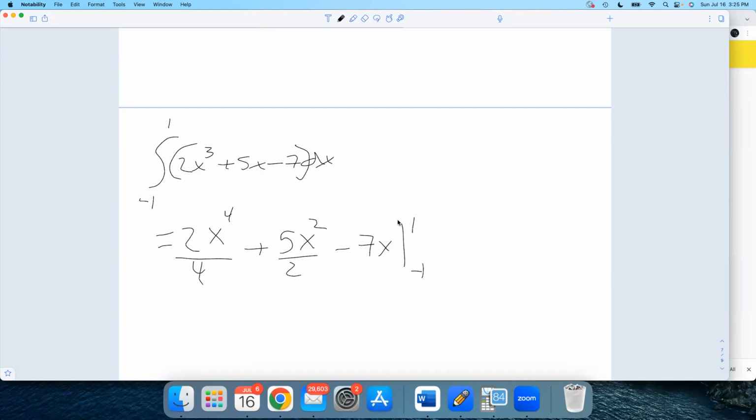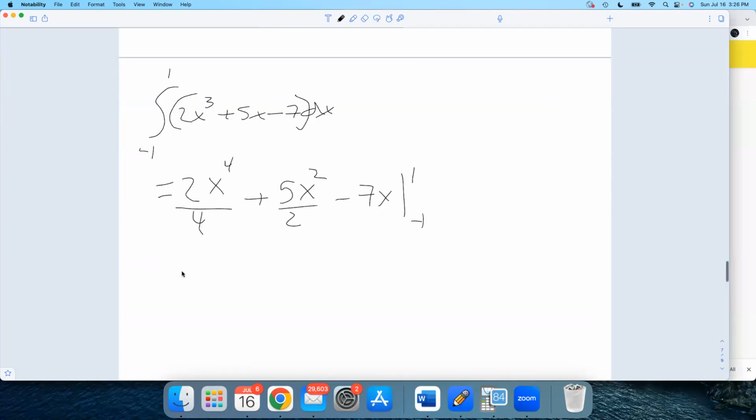Now we plug in 1. But again, there's more than one way to write this out. I could plug in top minus bottom into the first, top minus bottom in the second, top minus bottom in the third. You're more likely to make a mistake that way. My recommendation: plug in the top number into all of them. Let's simplify this fraction.